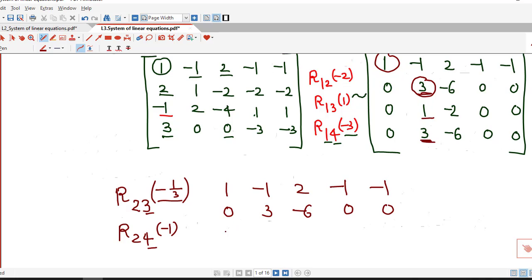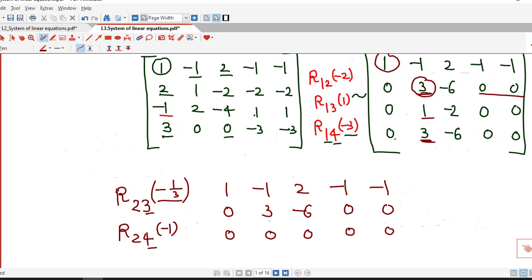So here both are 0. Then 3 into -1 by 3 which is -1 plus 1, 0. -6 into -1 by 3 that is 2 and -2. So it is 0. These entries are 0. So if we multiply by -1 by 3 we have 0 and 0 plus 0 is 0.